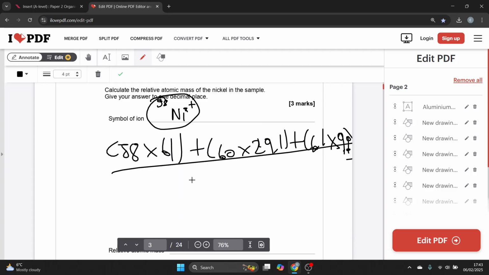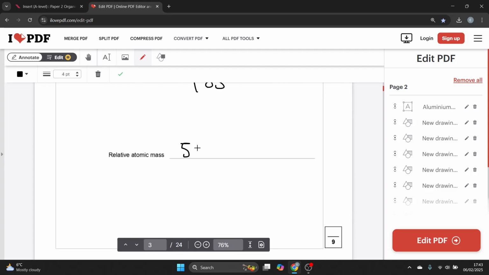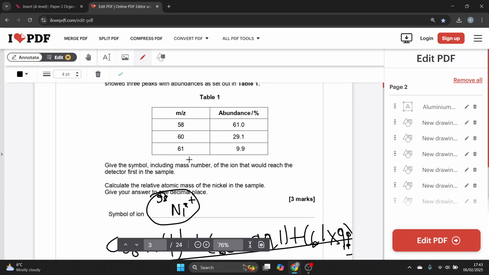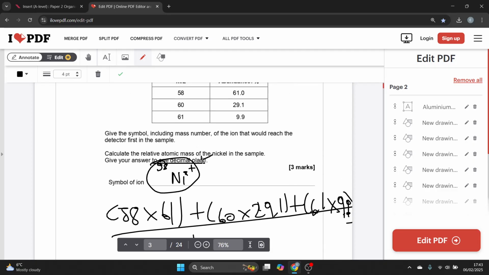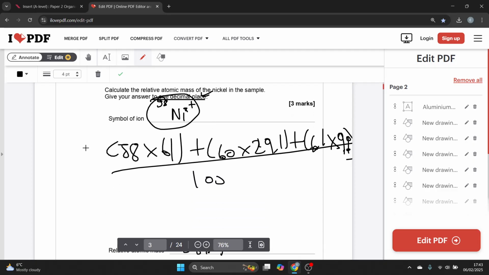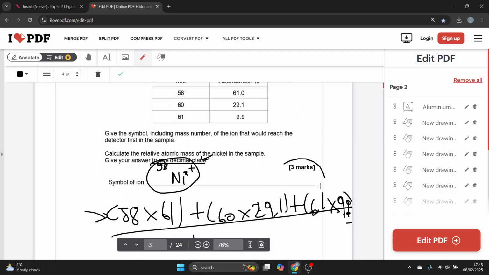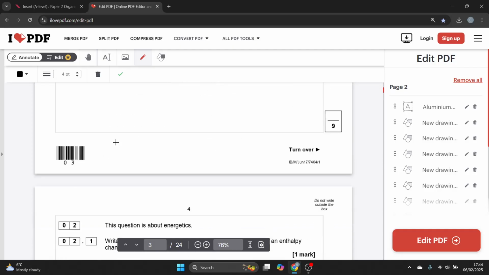So divided by 100, and I should get 58 point, what do I want it to? 1 decimal place, 58.9. And it's these small details: if you don't give it to 1 decimal place, you're probably going to lose a mark. If you don't show your method, you're probably going to lose a mark. So it is 3 marks, but you have to be very, very specific.